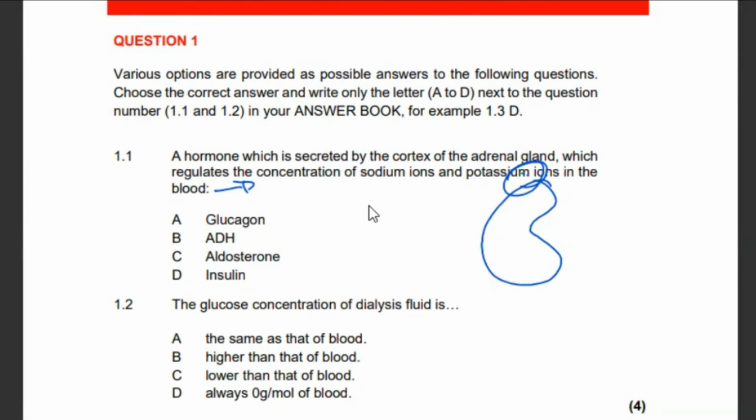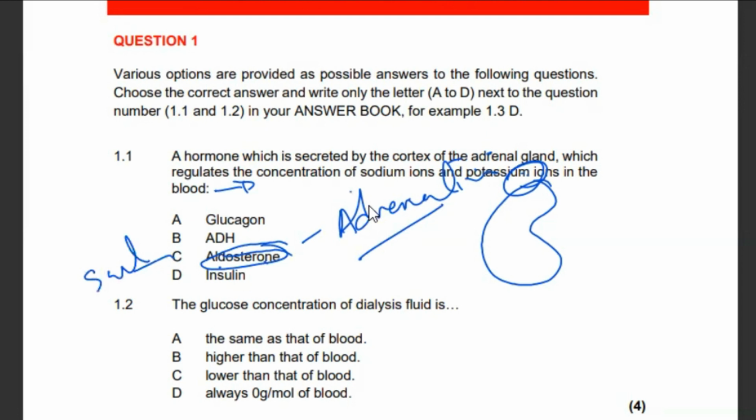So when you look at it, it produces 2 hormones. The first hormone is aldosterone. The second hormone is adrenaline. So aldosterone is responsible for salt, while adrenaline is responsible for emergencies.